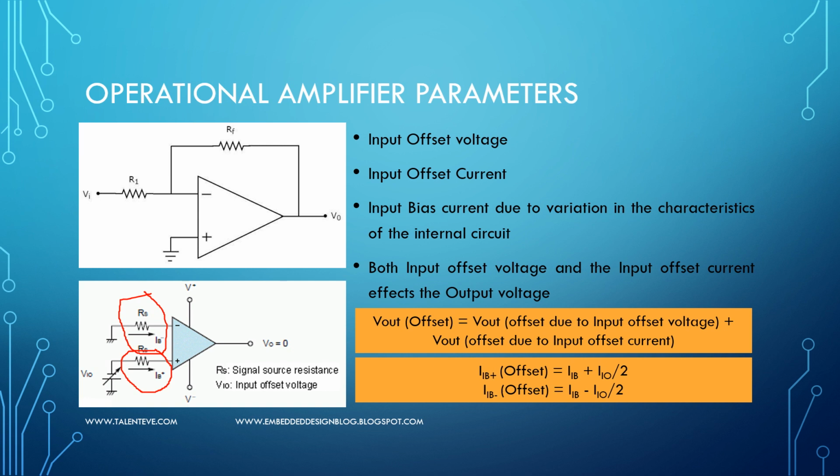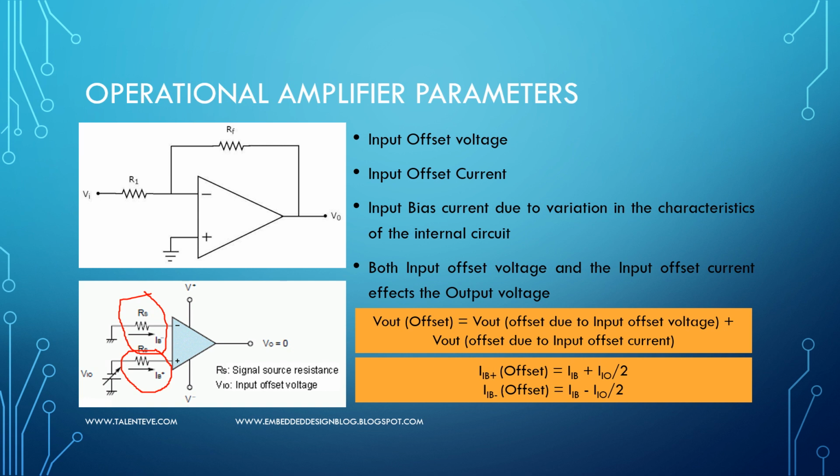To calculate the output offset voltage, it is the sum of the offset voltage produced due to the input offset voltage and the offset voltage that is produced due to the input offset current. So that is the total offset voltage that is observed at the output.